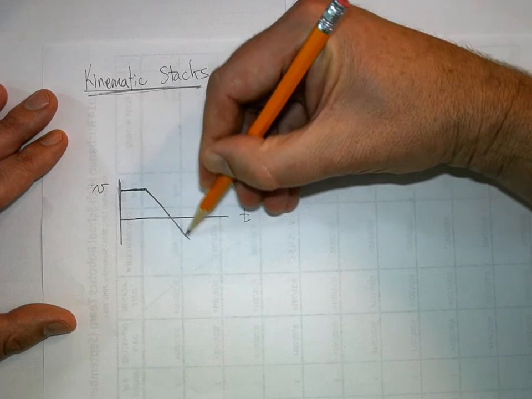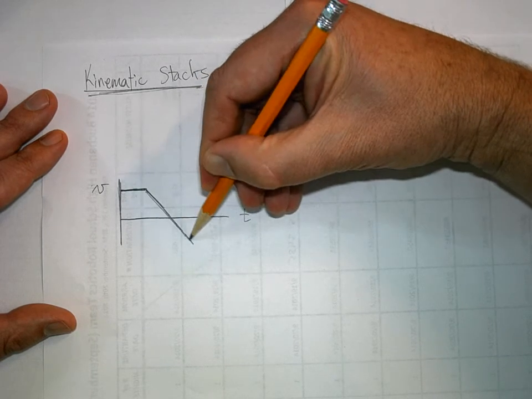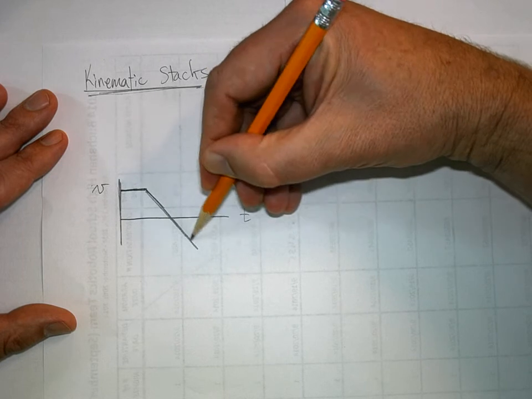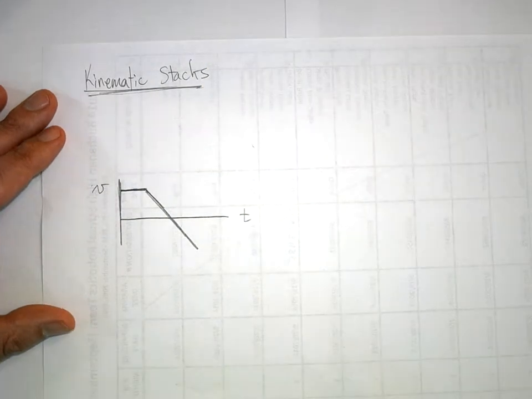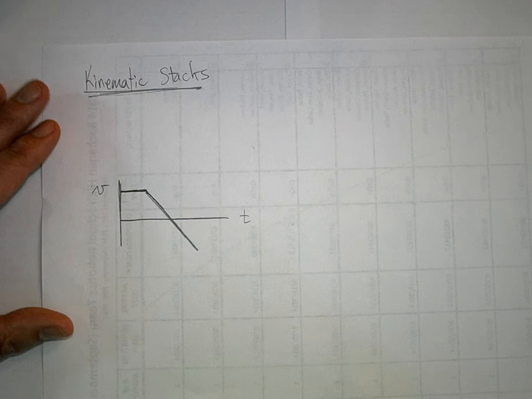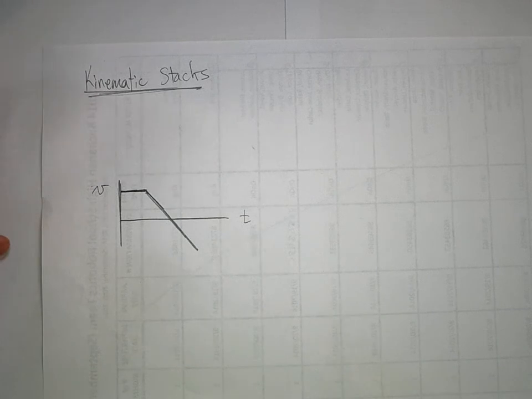But then you keep going like this. So this one's even more complicated than the one that you're going to do in the homework for the next assignment. So what does this mean?